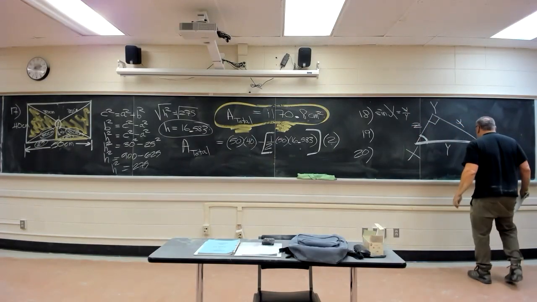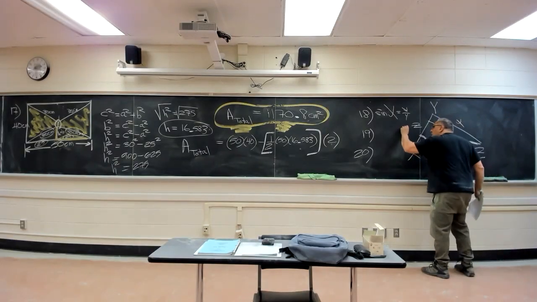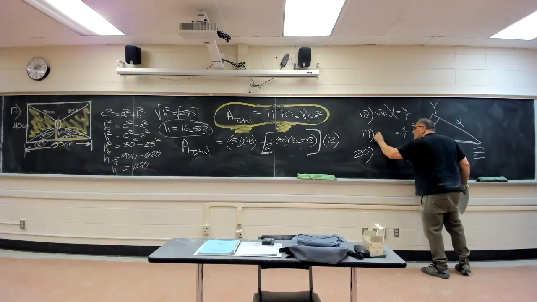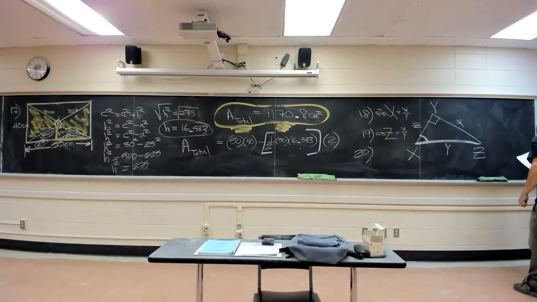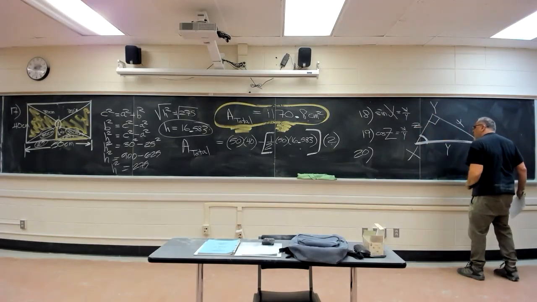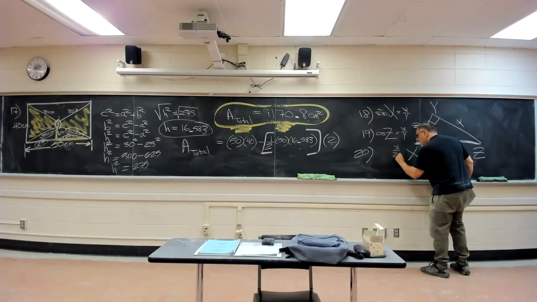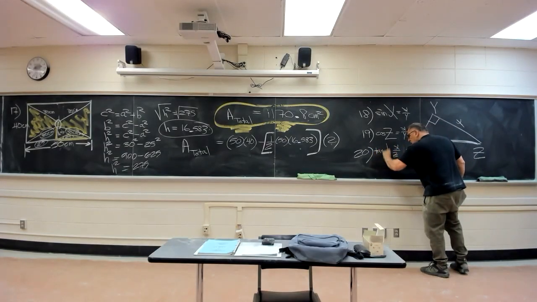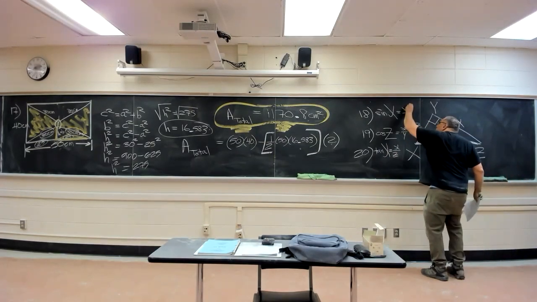Cosine of z is adjacent over hypotenuse. Tan of x is the rise over the run, or opposite over adjacent. Tan of x is opposite over adjacent. And there we go.